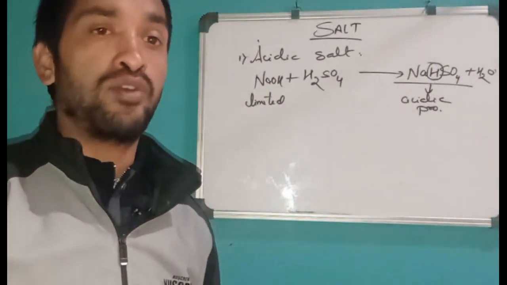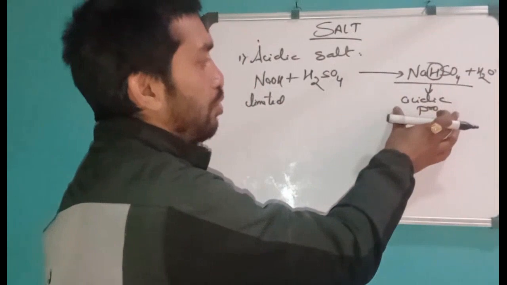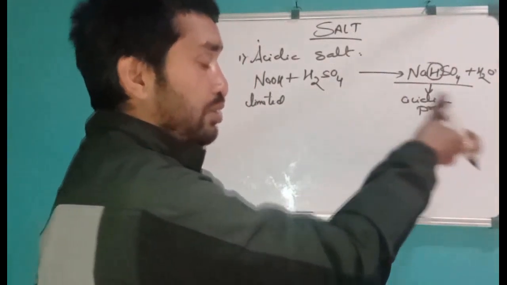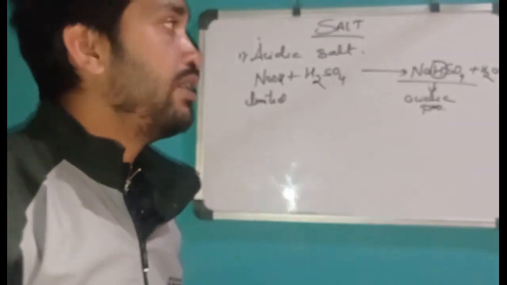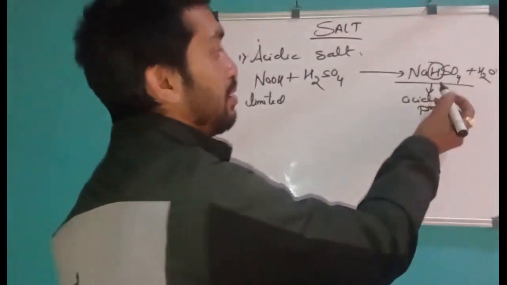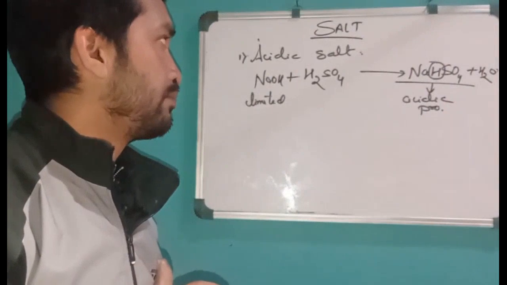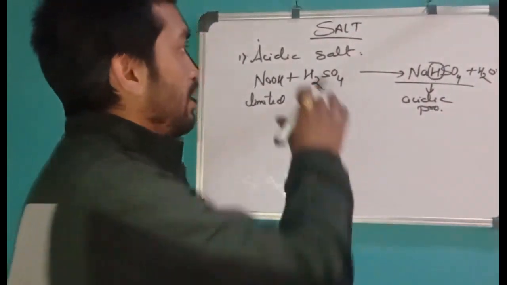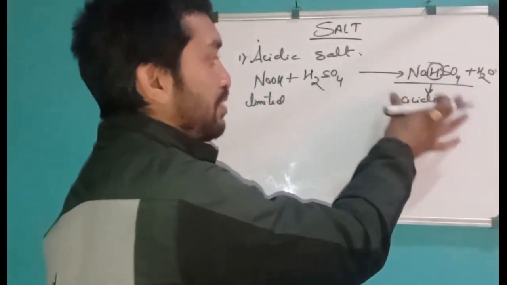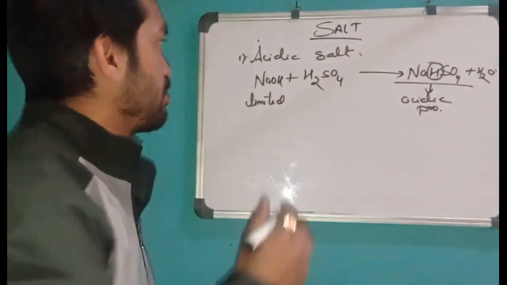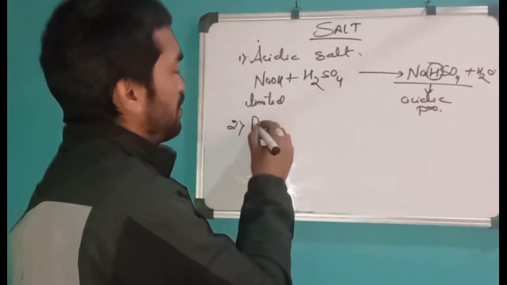This gives you the definition of acidic salt. Acidic salts are the salts which show some property of acid. Why? Because there is still a hydrogen present in their formula, NaHSO4. I hope it is clear. Acidic salts are the salts which will exhibit the property of acids.